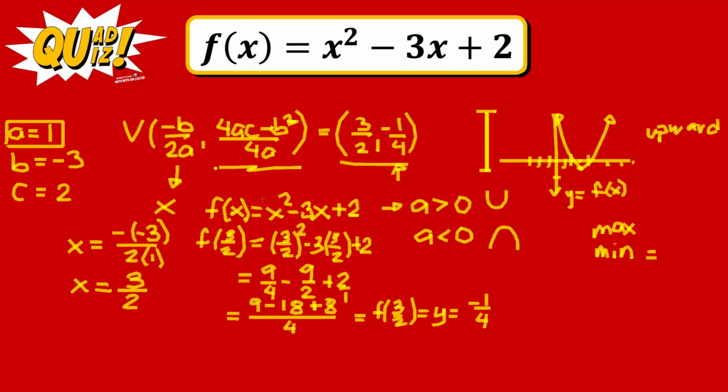So once you have your vertex, no matter what the x value is, you will be using that to solve for y. Simply focus on y, so that's negative 1/4. Now, that value of y, negative 1/4, could either be maximum or minimum. But since the graph is opening upward, that is your minimum value. If ever your graph opens downward, that point is actually the maximum. But since it's opening upward, that's the minimum.